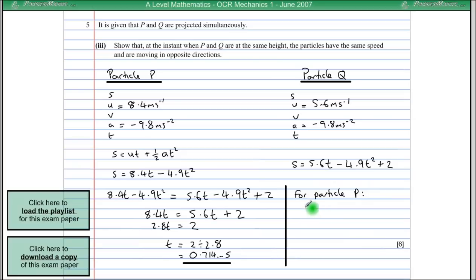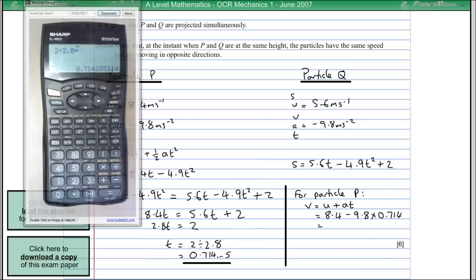So I'm going to use V equals U plus AT here. So that's going to be, well, U is 8.4. Considering A is negative, we can just put the minus sign here. So minus 9.8 multiplied by 0.714.